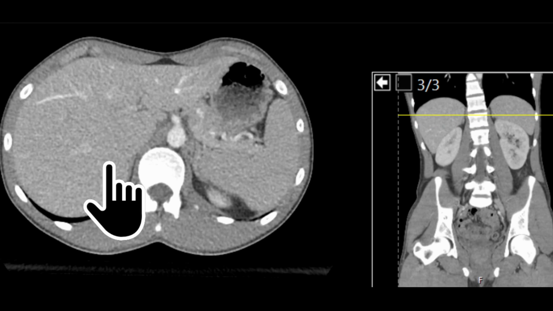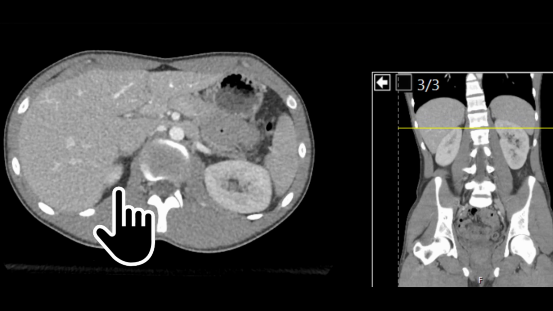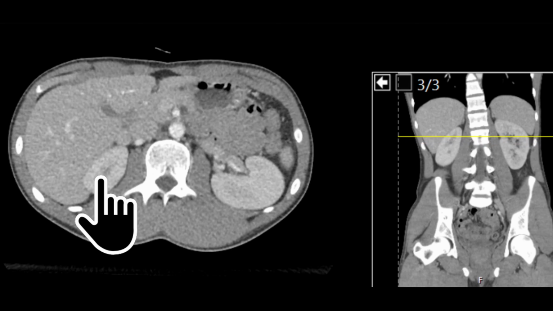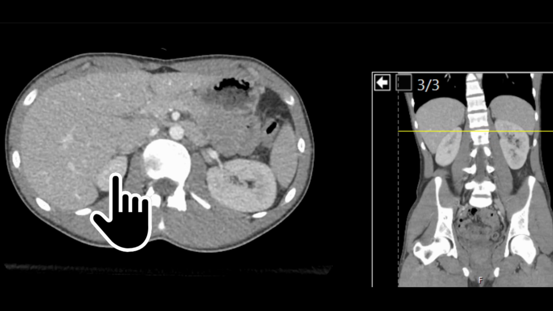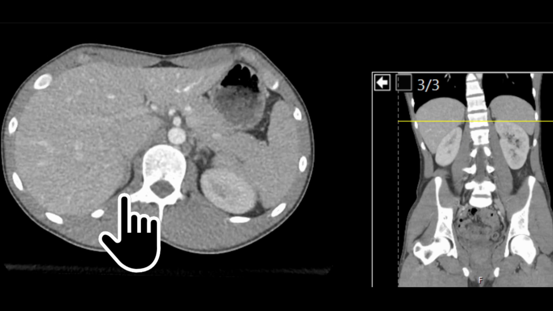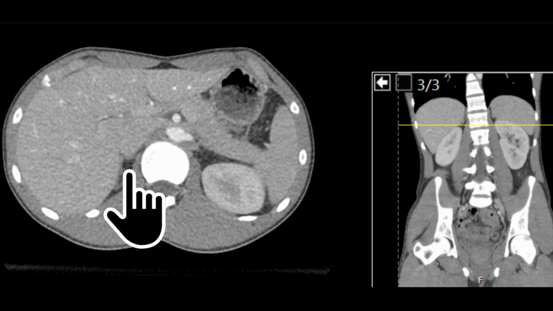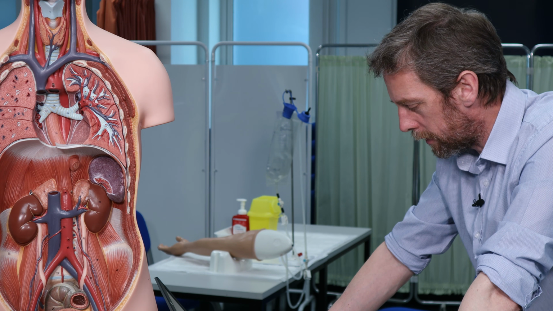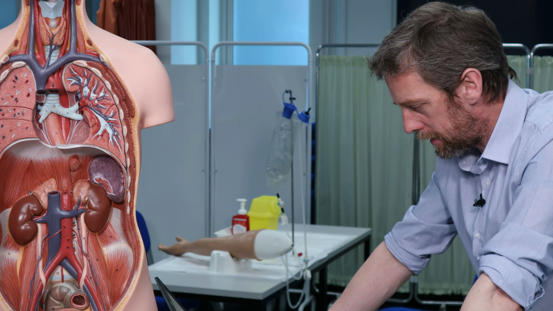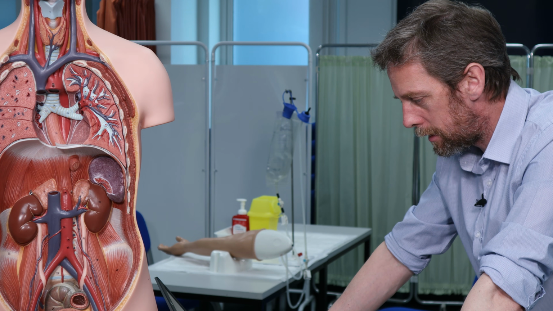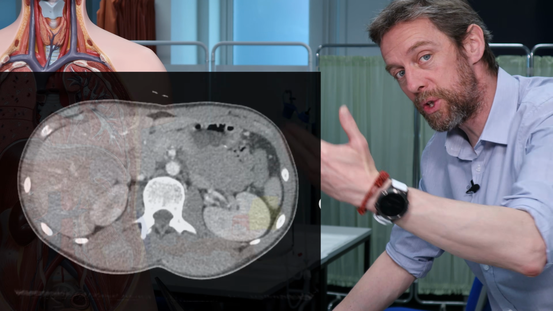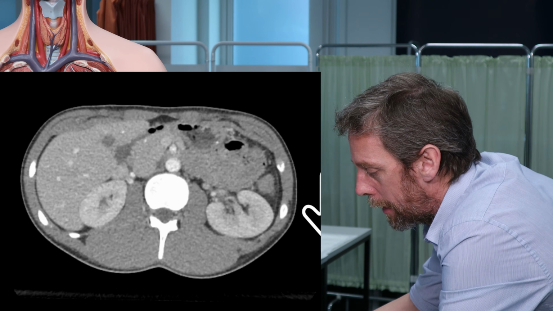If we scroll down, look at the right kidney. So scroll up, up, up. Oh, is it this bit here? Now, what organ lies between the stomach and the kidney? What organ pushes into the spleen?